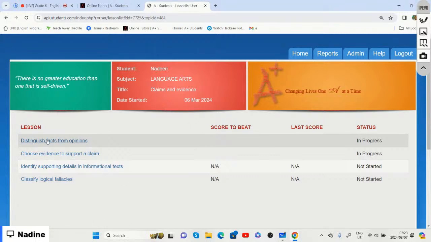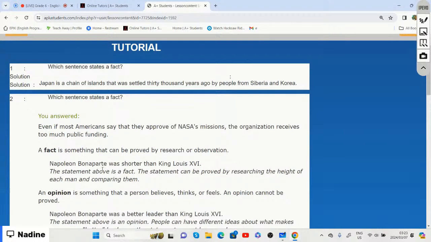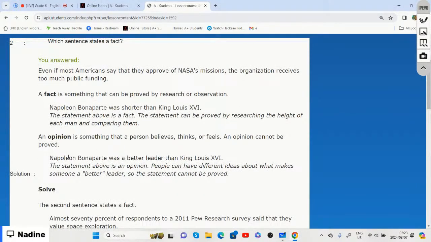All right, so we're going back into distinguishing facts from opinions. A fact is something that can be proved either by research or by observation. So observing something, observing someone for some time, that is basically facts.